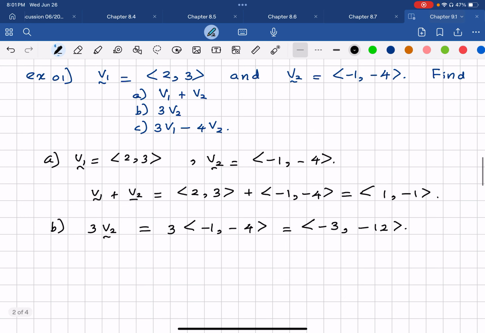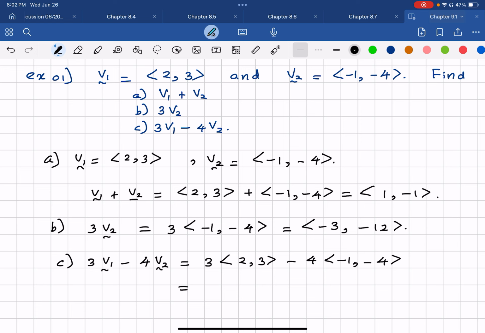Let's move into the last part of this problem. In this case, you have to compute 3 times v1 minus 4 times v2. First, I would plug v1 and v2 into this expression. v1 is (2, 3) minus 4 times v2, which is (-1, -4).